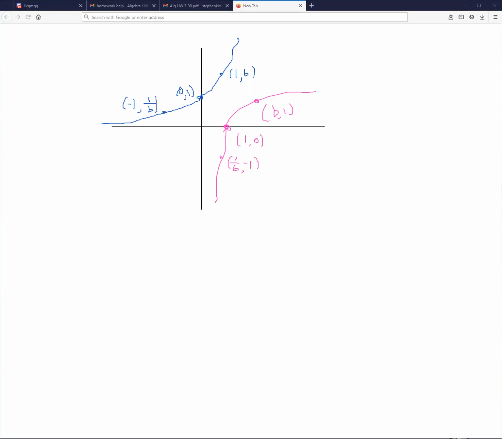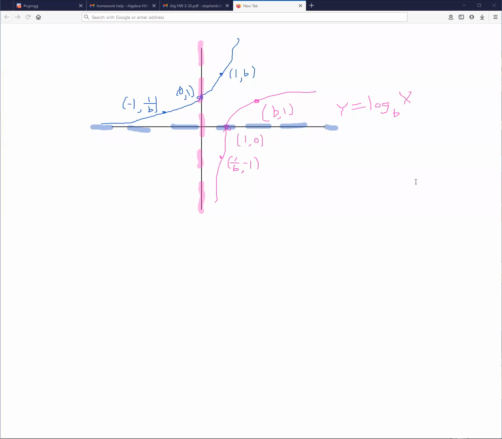Also of note, the exponential has a horizontal asymptote, and so consequently the logarithm will have a vertical asymptote. So generically speaking, this is just a log function of some kind. Now, if we need to be specific, we need to think about a few other things, including shifts and stretches.